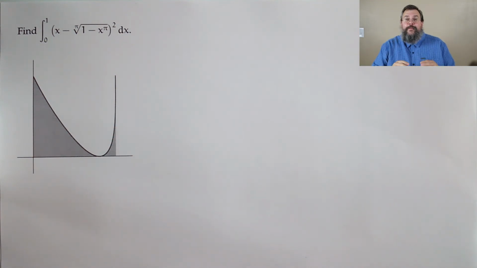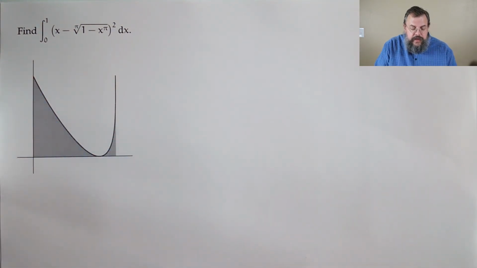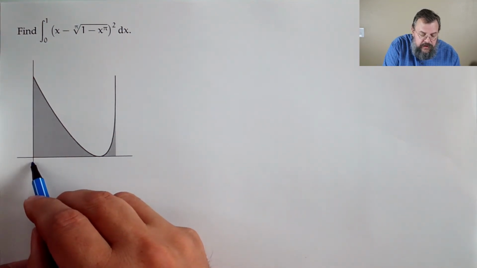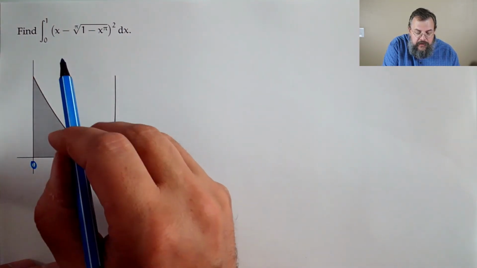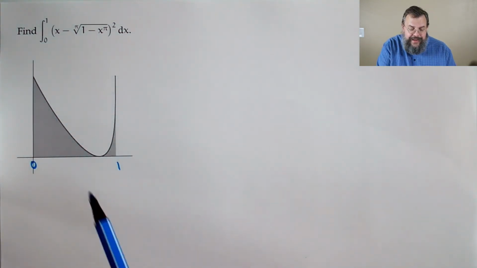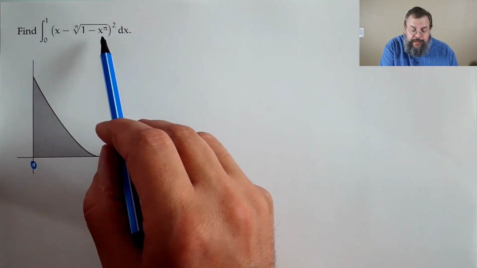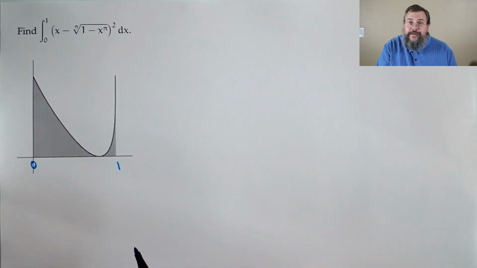All right. Well, let's think about it. So the problem says, find this easy-looking integral. Well, maybe not so easy-looking integral. So we're going from 0 to 1. This is actually the picture here. So here's 0, here's 1, of x minus the pi-th root, and yes, that does mean the pi-th root of 1 minus x to the pi, all that quantity squared.